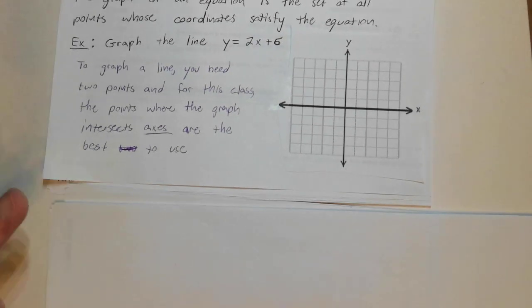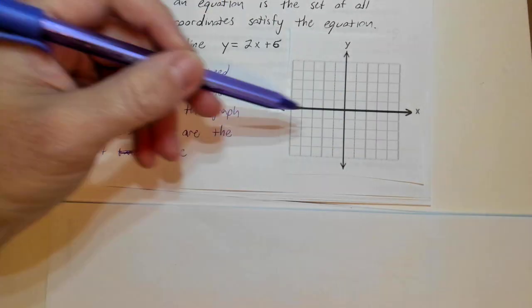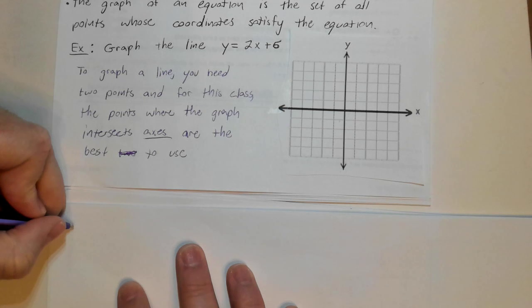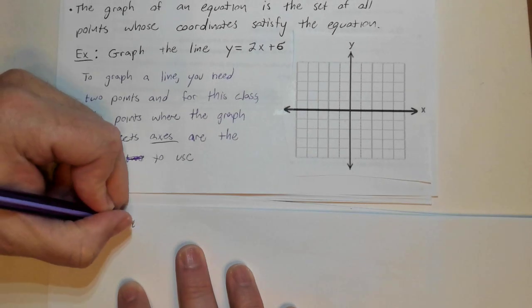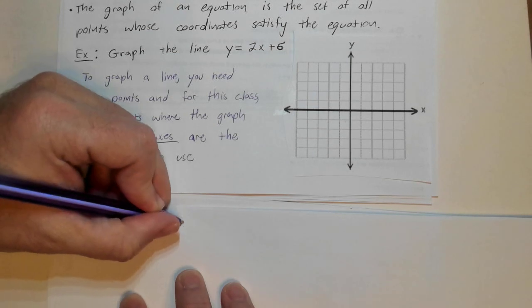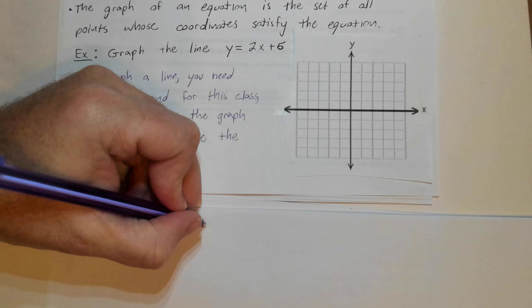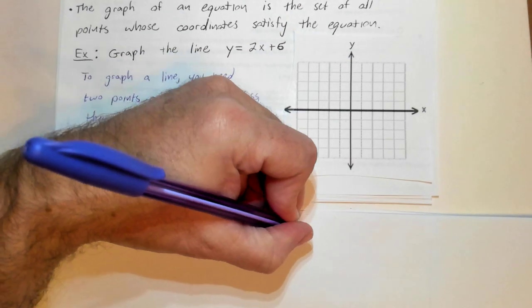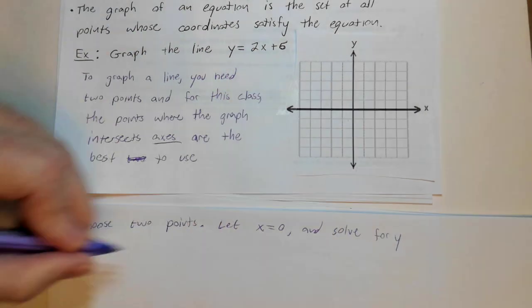So in 7.1, let's just plan to plot on these lines. What I mean by that is we will choose 2 points. We will let x equal 0 and solve for y.